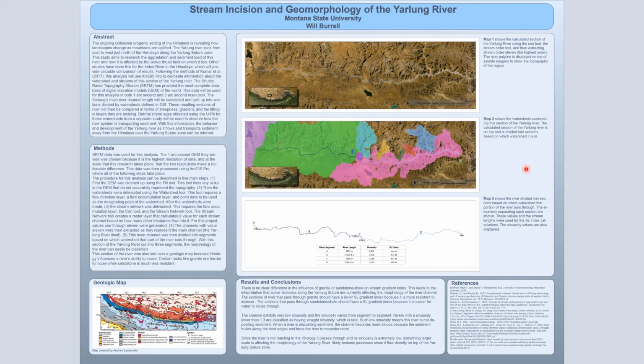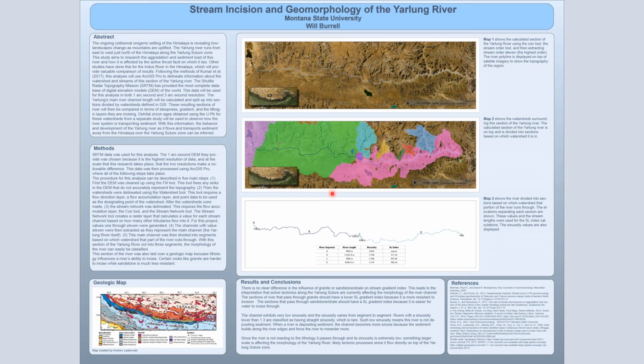The next big conclusion I was able to make, based on the stream length gradient index as well as the geology that the river is going through, is that in a harder rock like granite, you would expect the river to be less steep. You'd expect a shallower gradient because it's harder for the river to incise in that granite.